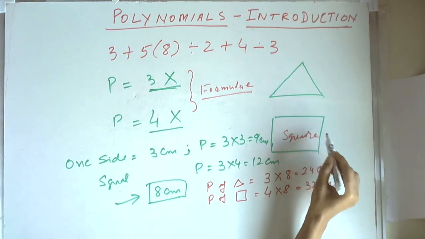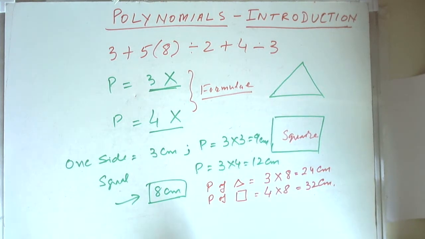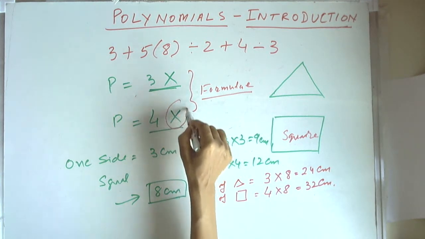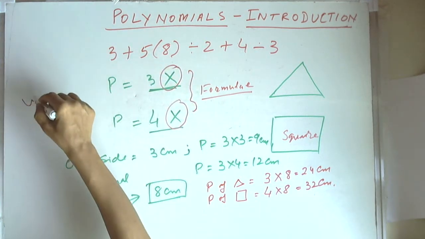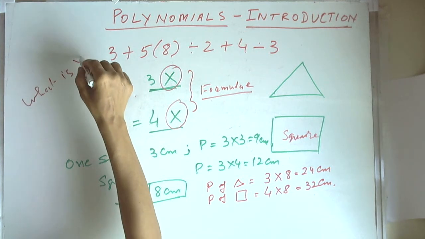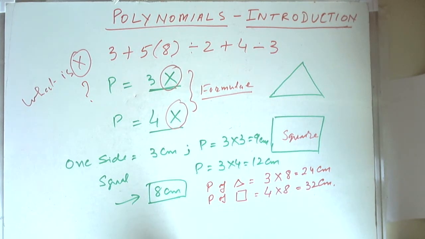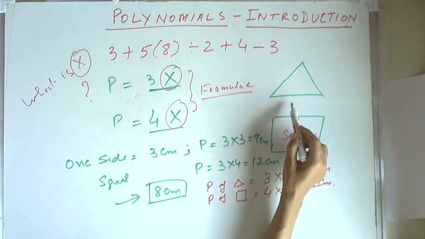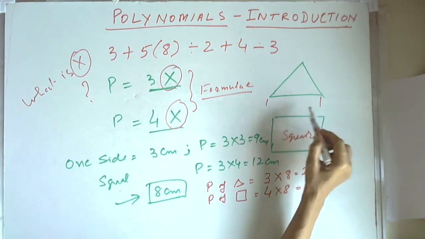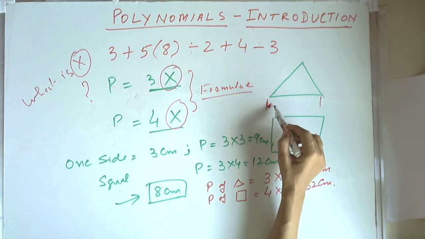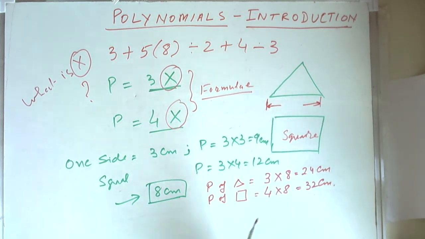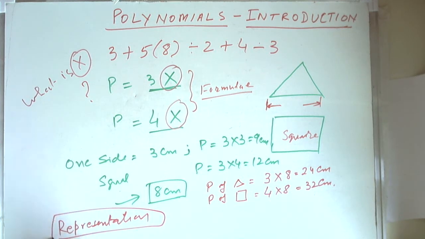Now in these formulas, what is x? Now x is a representation of the length of the side. And this is only on paper. We have not even measured it, but for writing the formula, this is only a representation.